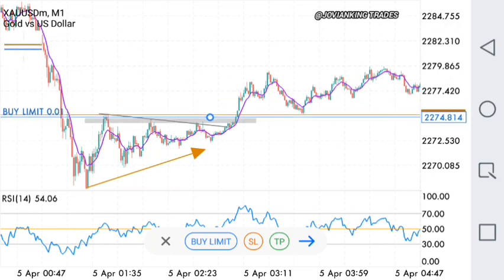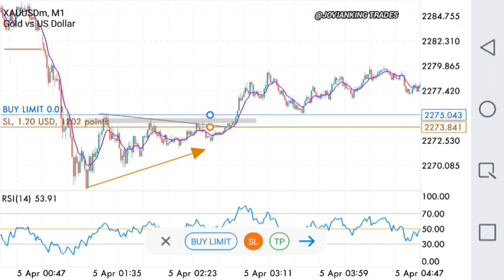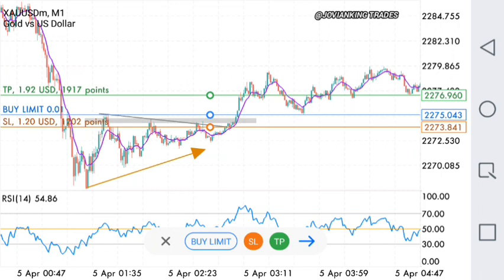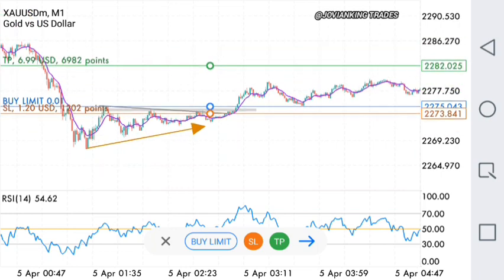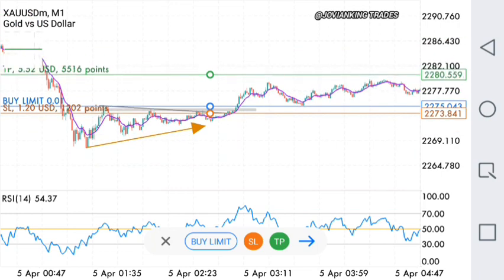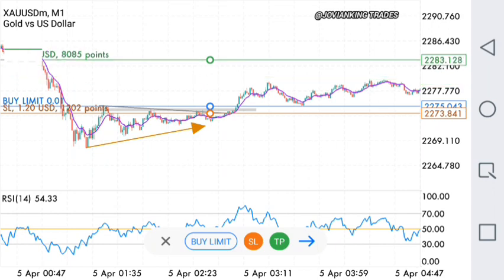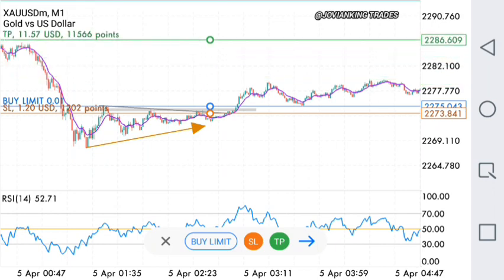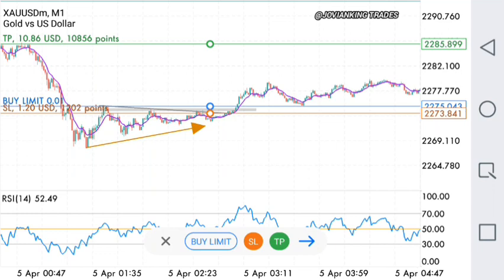Once you see this candle break out from that channel, you can decide to take a breakout trade or place a buy limit at that particular area, then place your stop loss just slightly below this level. Then your TP level must be at this high as your TP1 or at this second high as your TP2.